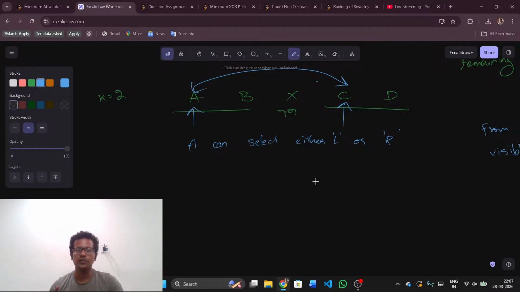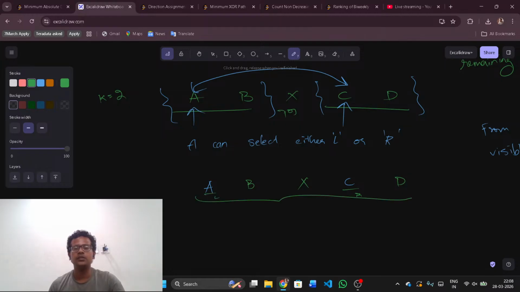So let me make this clear. If A only chooses this and C only chooses this, I'll do it. So A is at the left, he is just choosing L, right? Now B and then X. Now C is present there itself, and D. And this has chosen R and this has chosen L. This is how I place.